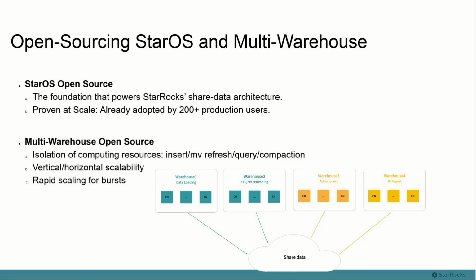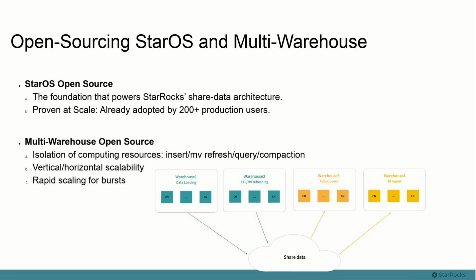And also multi-warehouse. This is a feature that allows you to group your compute nodes into physically isolated compute warehouses to do workload separation. So hard, physical workload separation. You can do compute separation for different types of query workloads, or Iceberg maintenance separation, or ingestion separation.